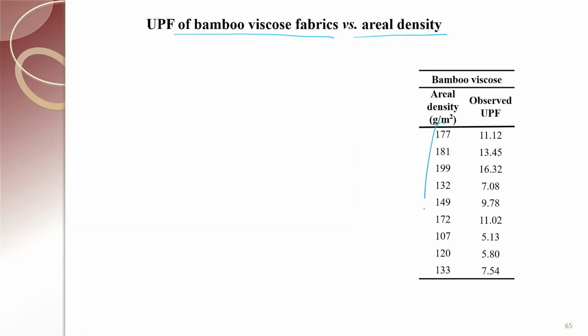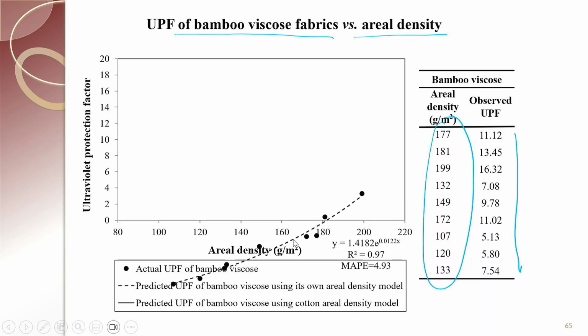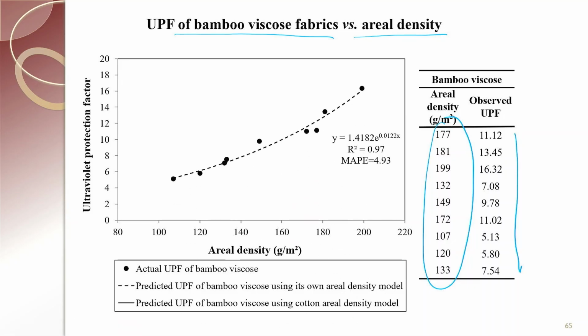The first column shows the areal density of bamboo viscose and the corresponding UPF value that we have seen in the last table, and we tried to develop the relationship. So, the regression equation which we have got here is the predicted UPF value of bamboo viscose using its own areal density model.